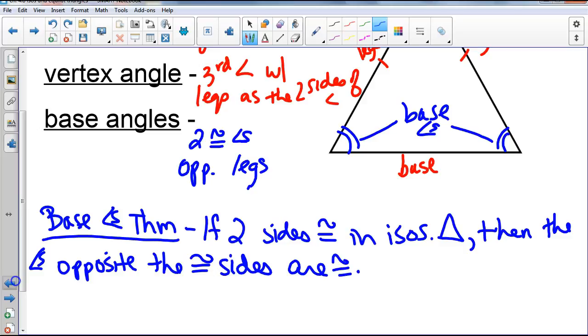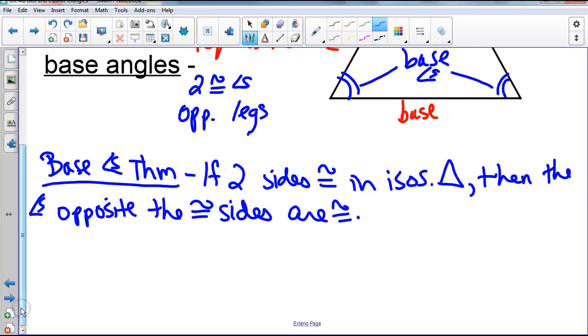So it's just telling you in words the location of the base angles. And we've already done that in class earlier. And then the converse of the base angles theorem.